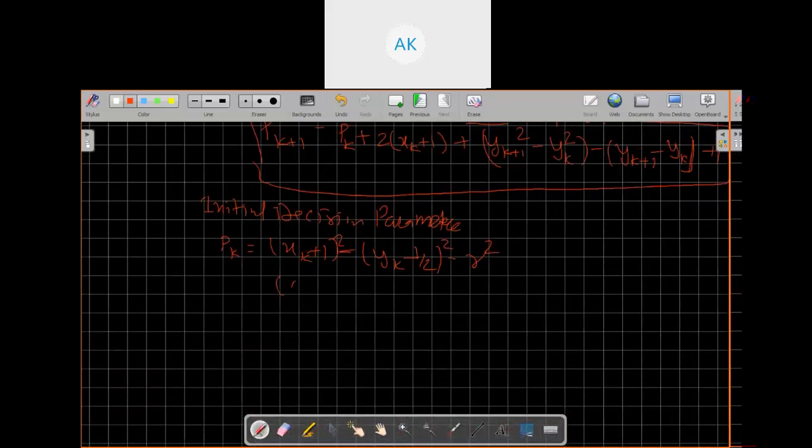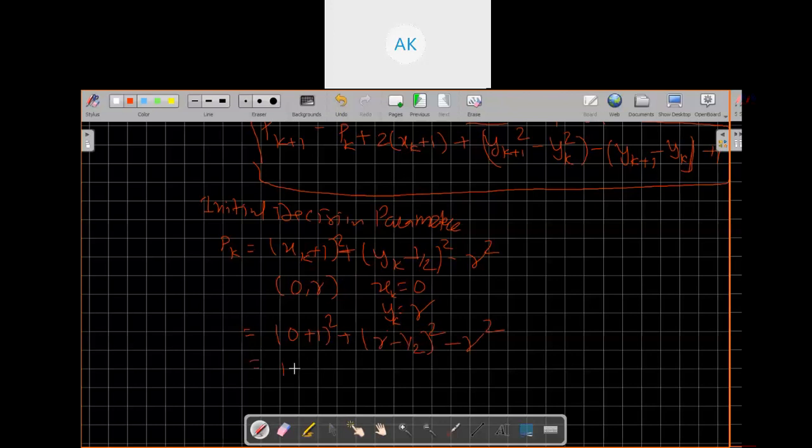At the initial point, your point is 0, r, means your x is 0, y is r. So xk is 0, yk is r. Put this value: xk 0 plus 1 whole square, actually here this is plus y, which is r, minus 1 by 2 whole square minus r square.